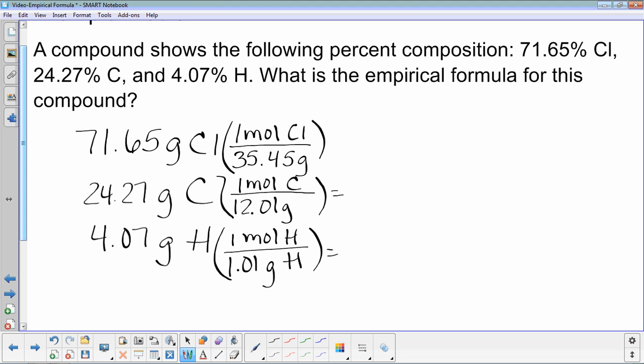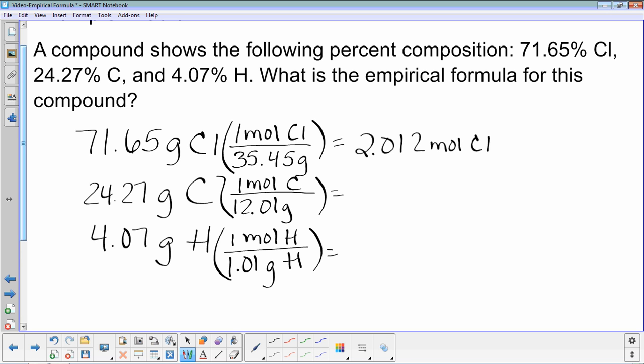Again, we're going to put these into our calculator so we can figure out how many moles in each element we have. So 71.65 divided by 35.45, and I get 2.012. This is mole Cl.